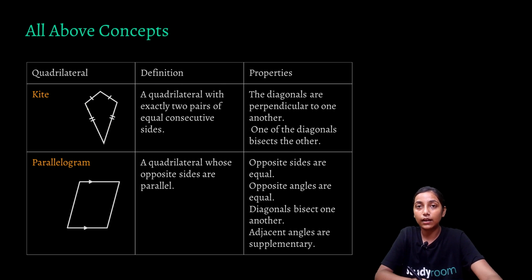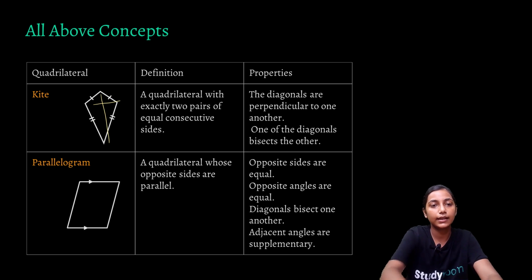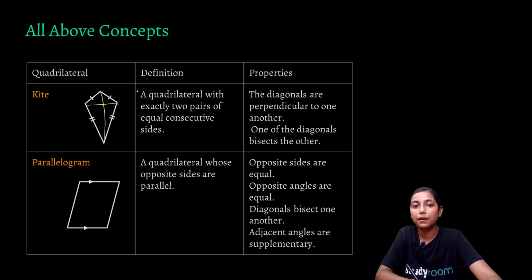In a kite, the diagonals are perpendicular to each other, and one of the diagonals will bisect the other. So this diagonal is going to bisect this diagonal and these two parts will be equal.